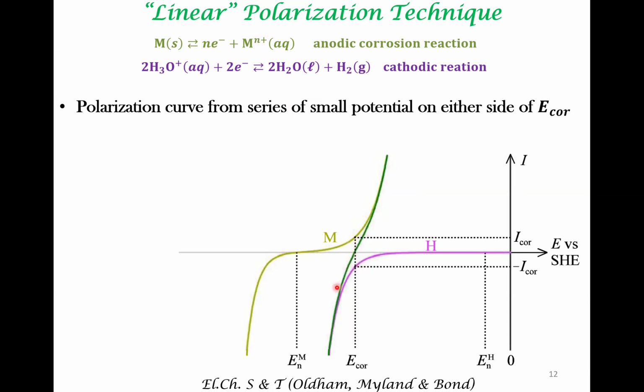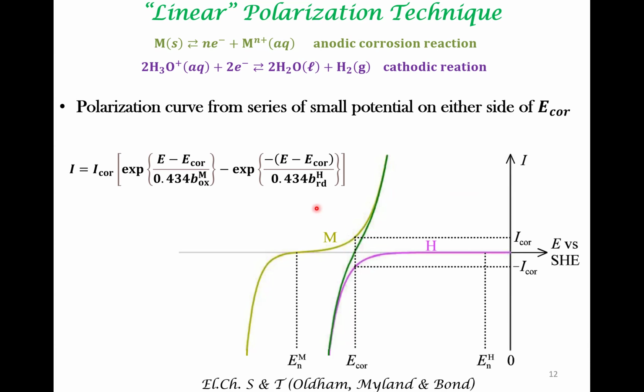Once you get this dark green curve experimentally by varying the potential in this region and measuring the current, you can also fit this green curve to a form as shown here. This is the potential, which is the x-axis. E corrosion corresponds to this particular potential.